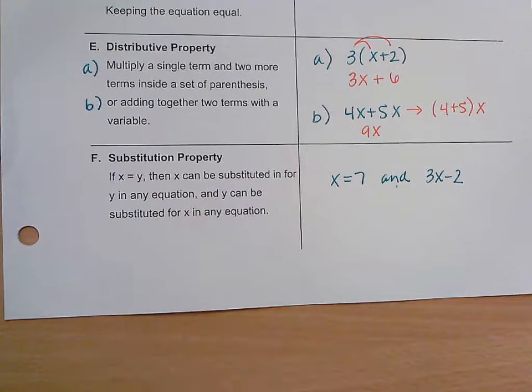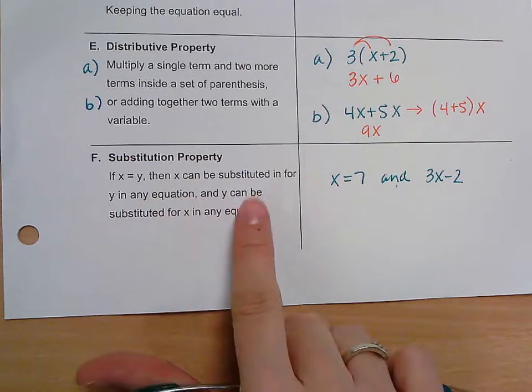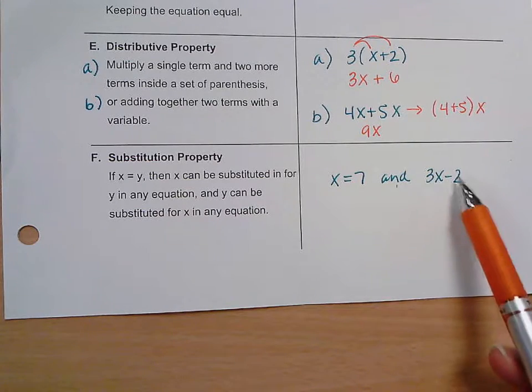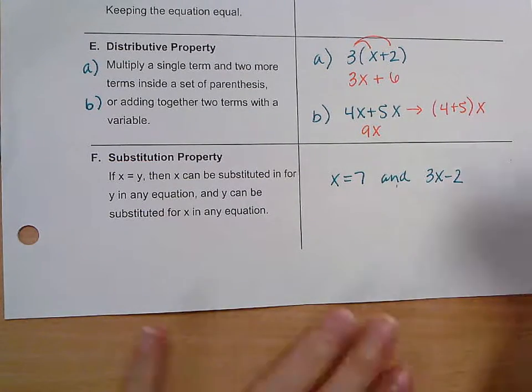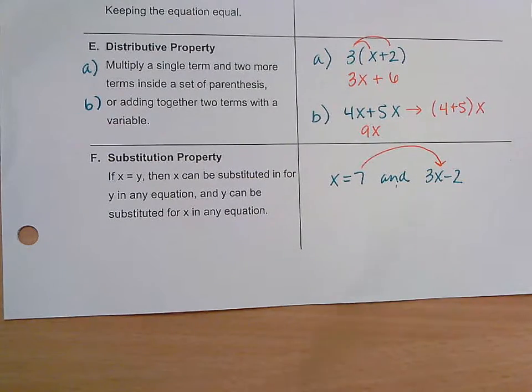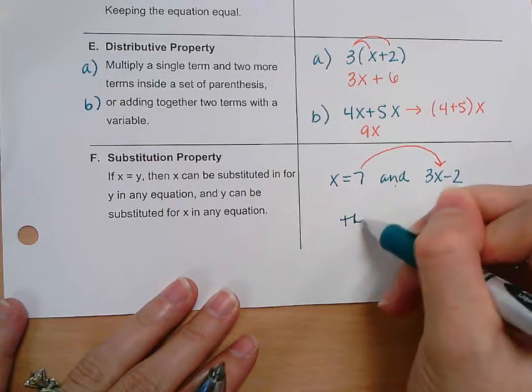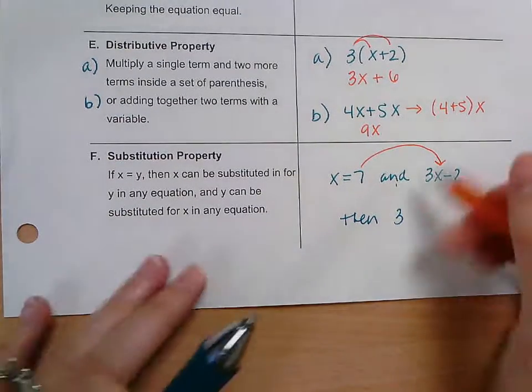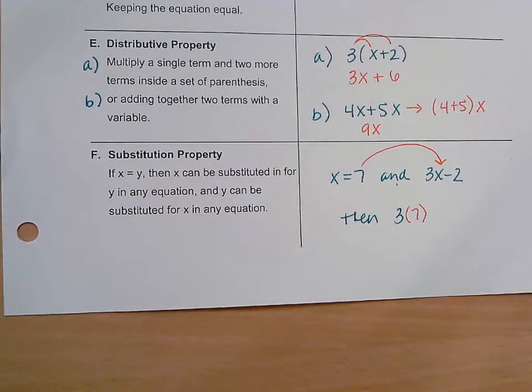Substitution is saying if two things are equal, so if x is equal to y, x can be substituted in for y in any equation, y could be substituted in for x in any equation. So if I know that I have the expression 3x minus 2 and x is 7, I can substitute the 7 in for the x to get 3 times 7 minus 2.